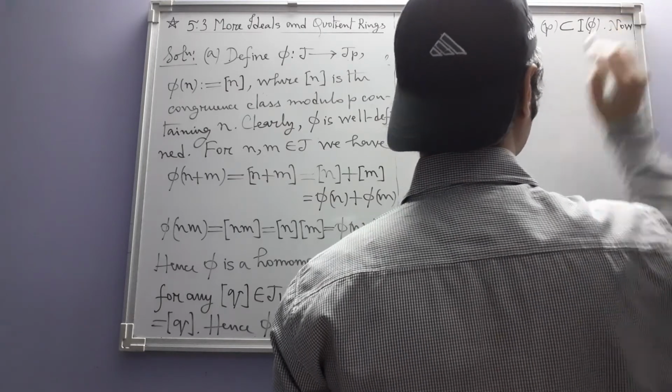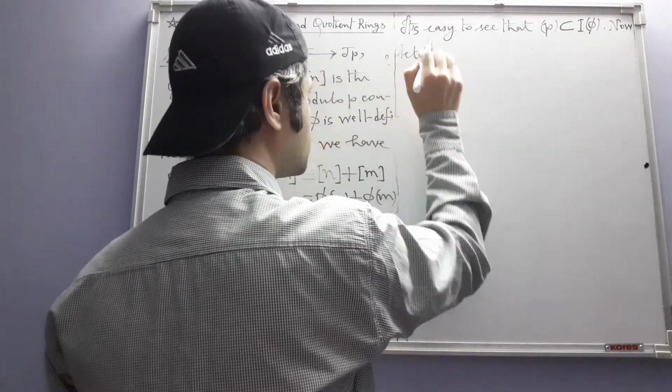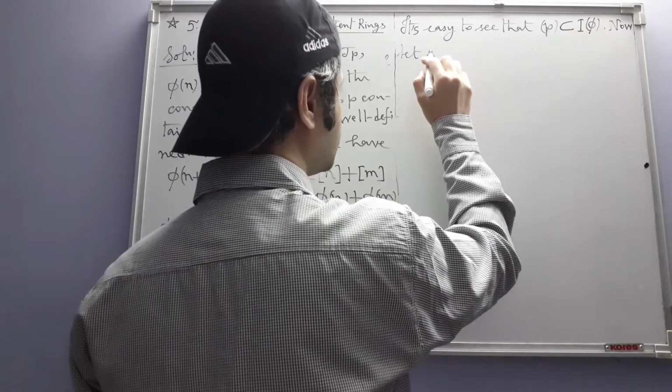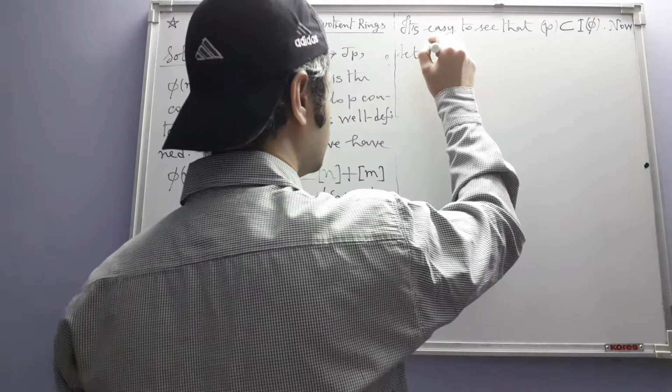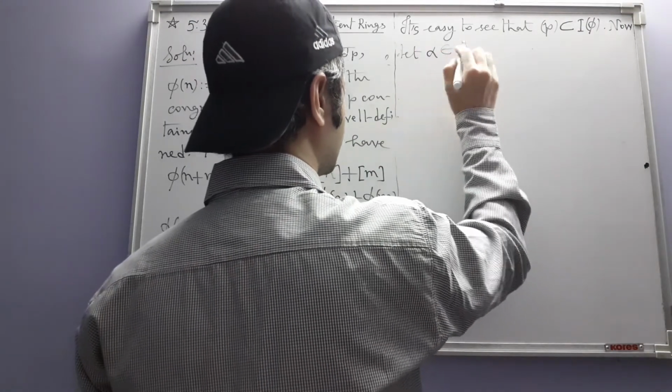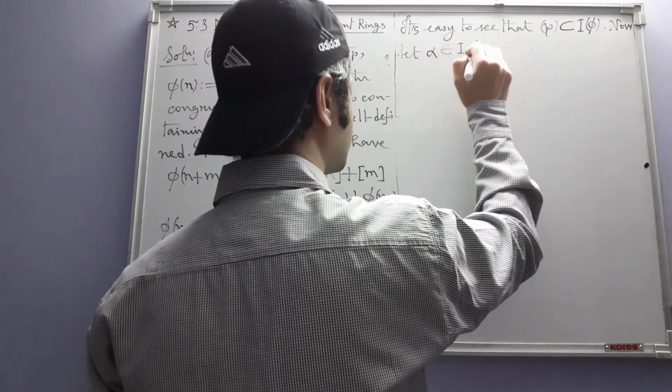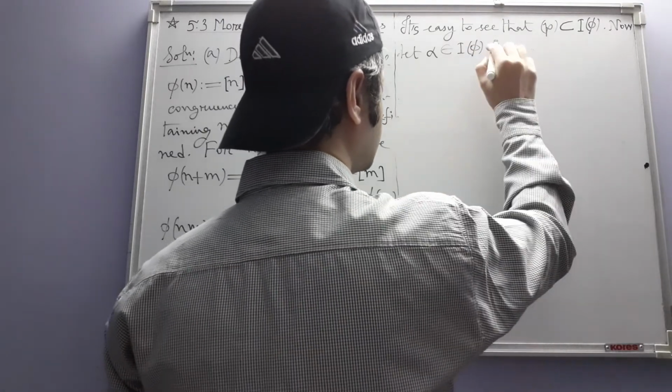Now, let us take an element. What can we take? We can take anything. Let us take alpha itself. Alpha belongs to the kernel of phi.